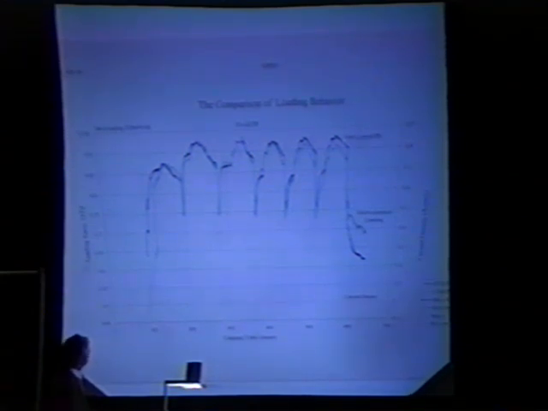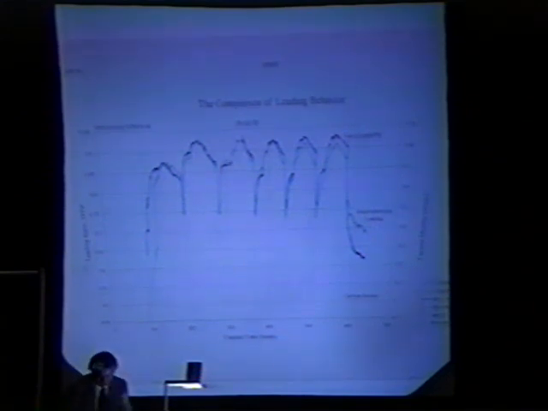The blue line is gas loading, and the green line is electrochemical loading. After the fixed loading stage, the difference is clear. Gas loading is better than electrochemical loading.